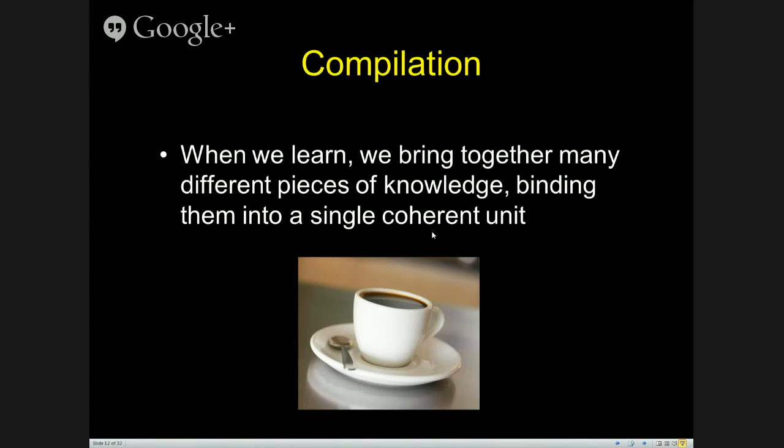So, which brings us to the next bit on how we learn, compilation. When we learn, we bring together many, many different pieces of knowledge, binding them into a single coherent unit. And here I'm showing a picture of a coffee cup.